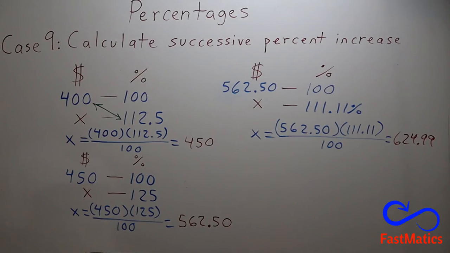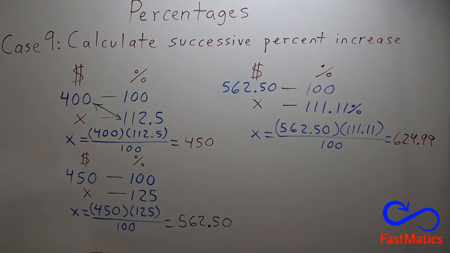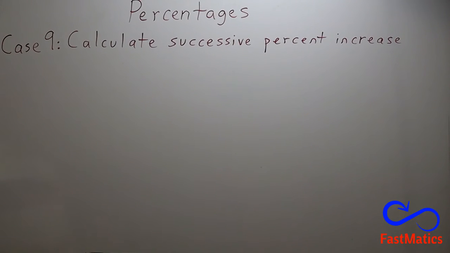Oh my God, it is a very expensive flight ticket, but it is possible. So we are calculating successive percent increase. But wait a second, we have another method very fast because we are in fastmatics and we are going to do it very quick. So let's do it.